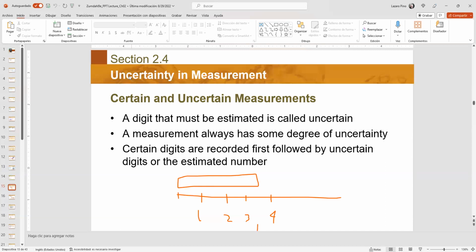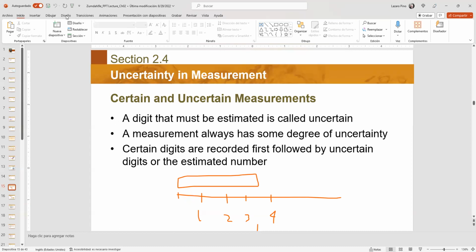Okay, what is the uncertainty in a measurement? For example, if you use this ruler to measure this stick, you can be sure that the stick is 3 centimeters, but it's something else. Then in this case, you have to estimate a unit between 3 and 4, and then you decide maybe it is 0.5.